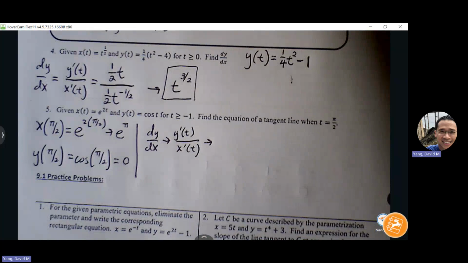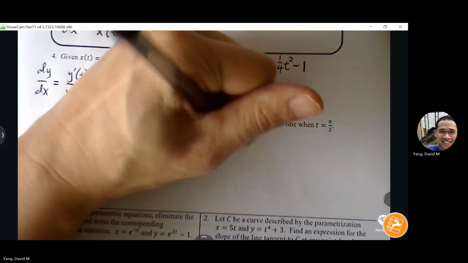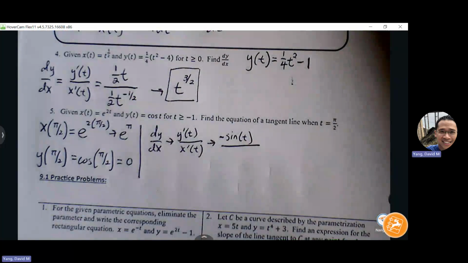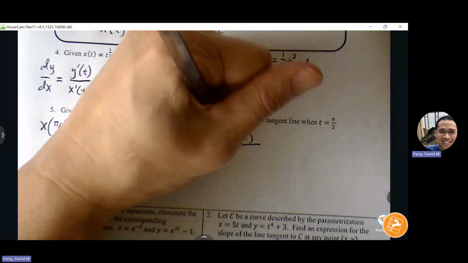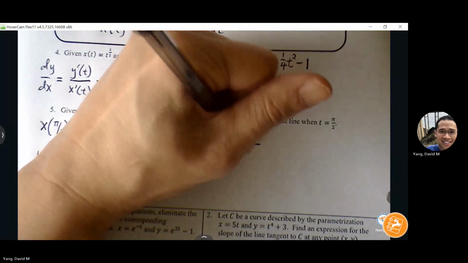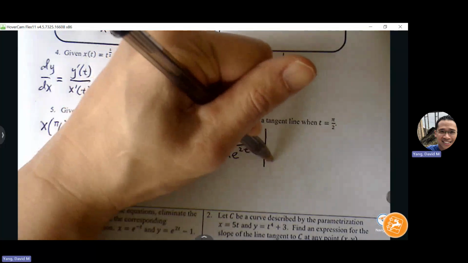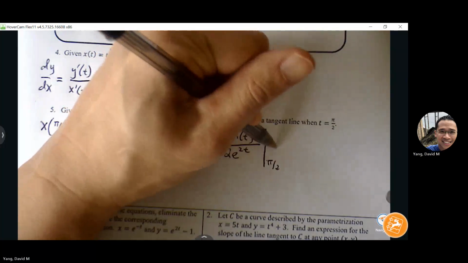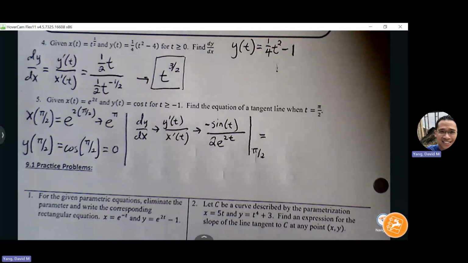Okay, cosine becomes negative sine. X prime, e to the 2t becomes e to the 2t times 2. Now that we have our derivative, we can plug in pi over 2 into my derivative to get the slope.